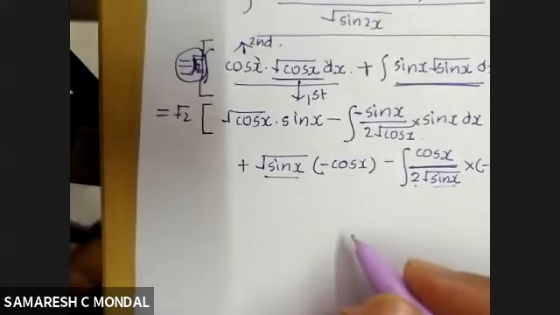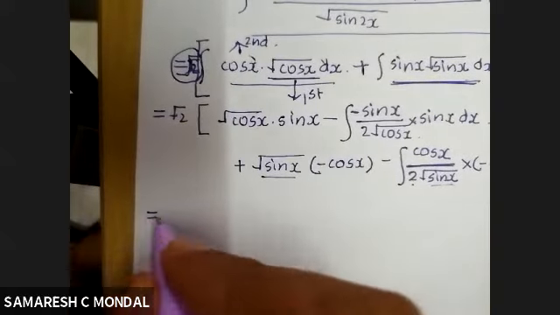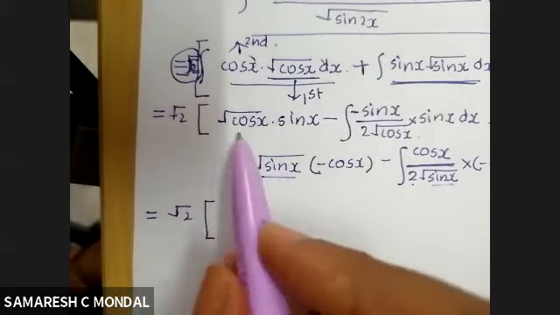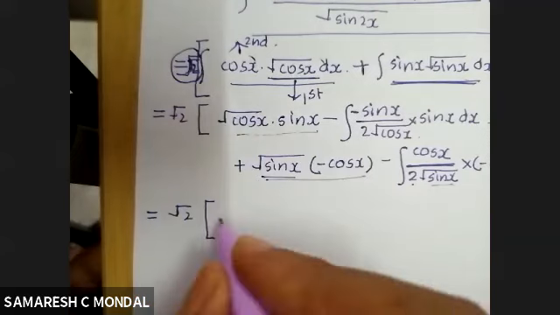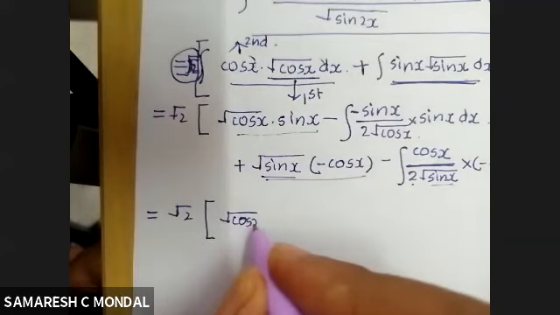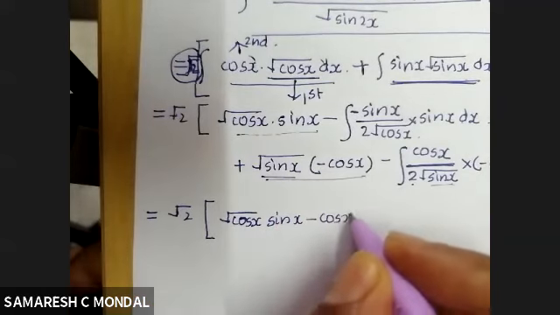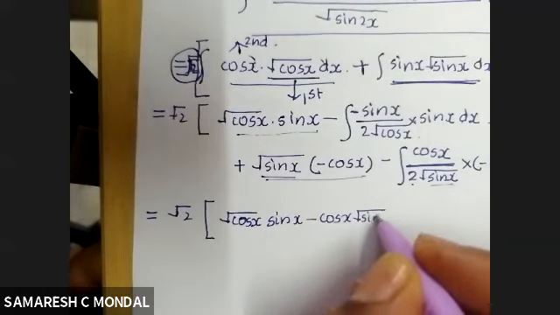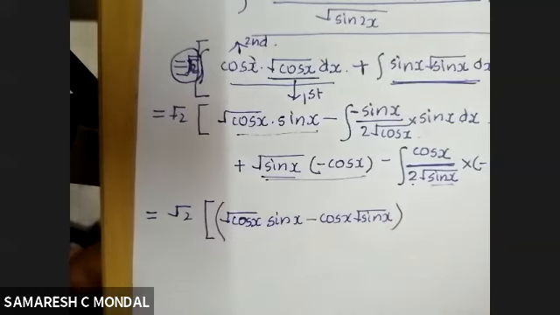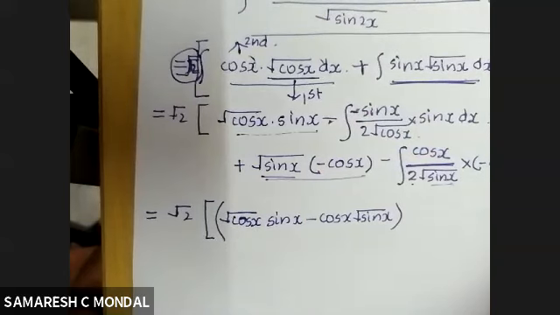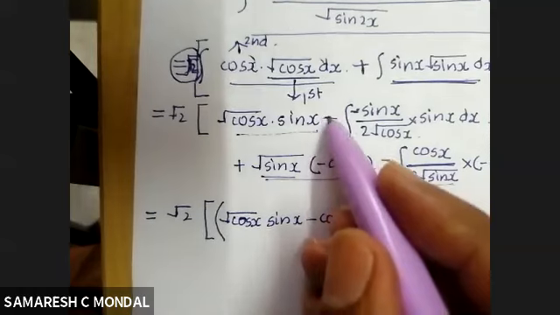Okay, so now if you check, whichever terms we simplified, I'll put on one side, that is cos x into sin x minus cos x into root of sin x. This was easily integrable. And here minus of minus will be plus. Correct. Am I right?